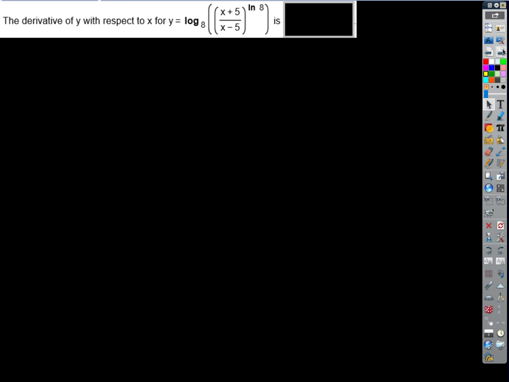Because I've got a log of something here, right? So what can I use a property of logs to do? I can take out the exponent, can't I? That can come out front of the log. So one way I can do this is I could rewrite this as natural log 8 times the base 8 log of all that stuff, right?